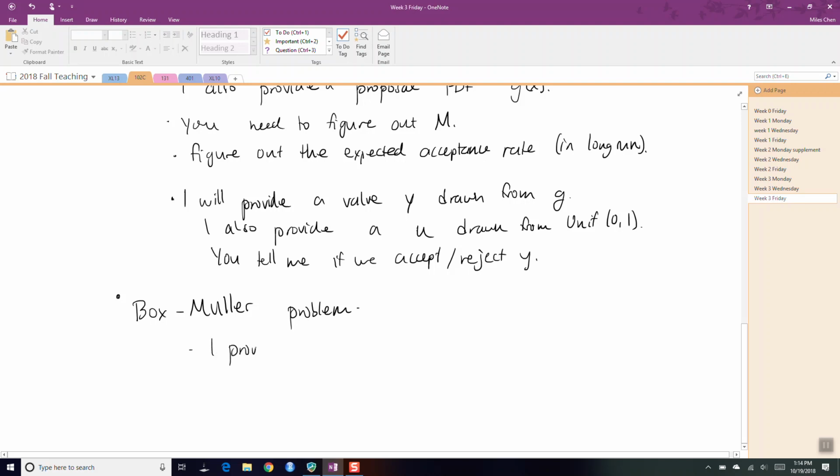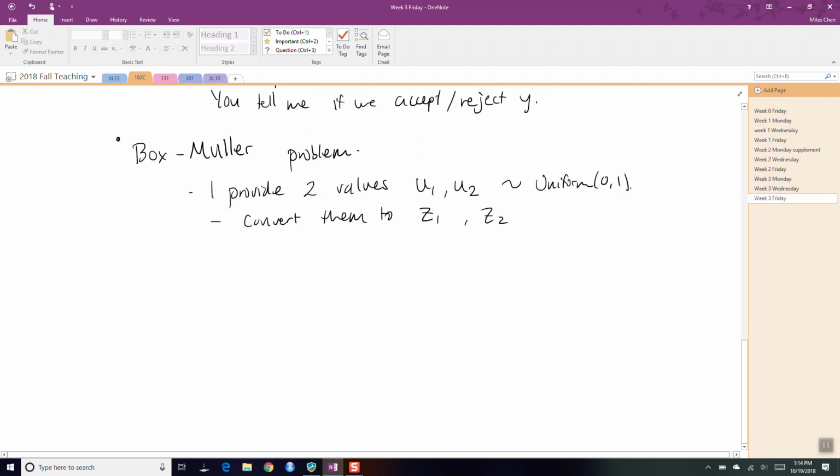I would provide two values, maybe U1 and U2, drawn from uniform 0, 1, okay? And then you convert them to Z1 and Z2.